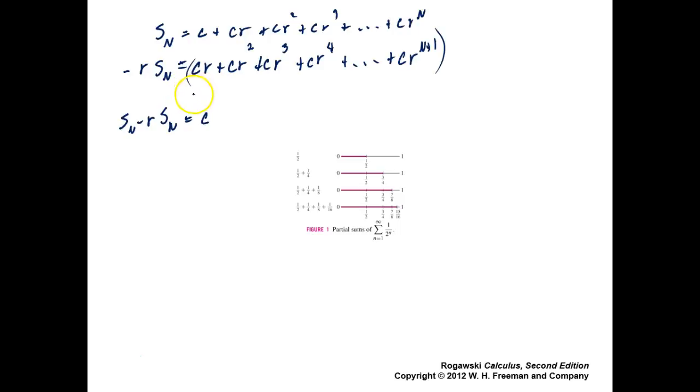C plus CR minus CR plus CR squared minus CR squared.